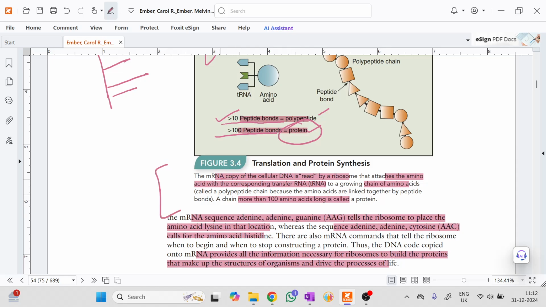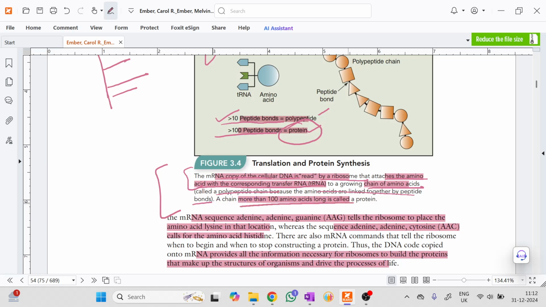So here the mRNA copy of cellular DNA is read by the ribosome. Then the ribosome attaches the amino acid with the corresponding transfer RNA to a chain of amino acids. The chain of amino acids is also called a polypeptide chain because amino acids are linked together by peptide bonds.